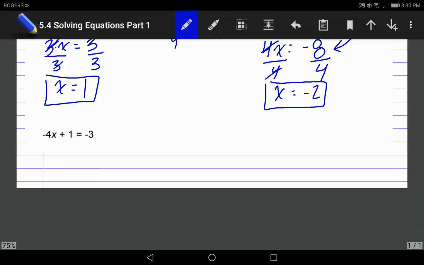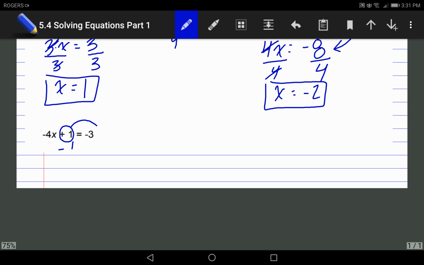Last question. Again, what's the first thing you should bring over? The plus 1. Bring that over first. It becomes minus 1. And actually, let me just show my work. I don't want to jump the gun here. I want to make sure that everybody understands. So subtract 1 on this side.